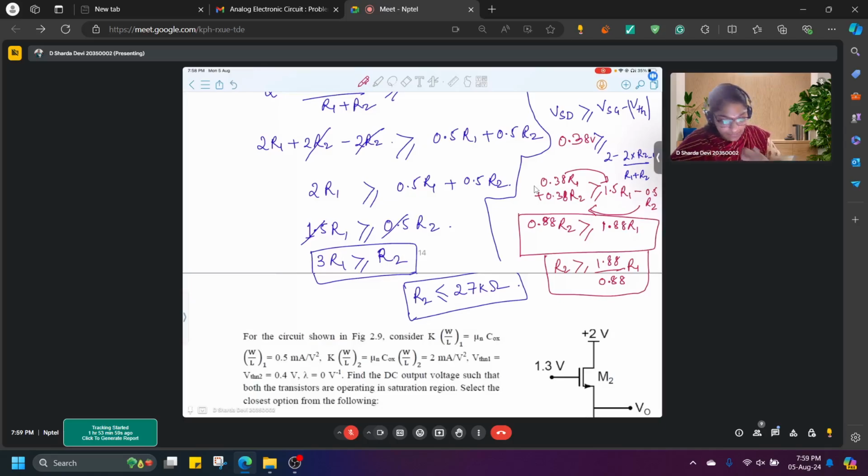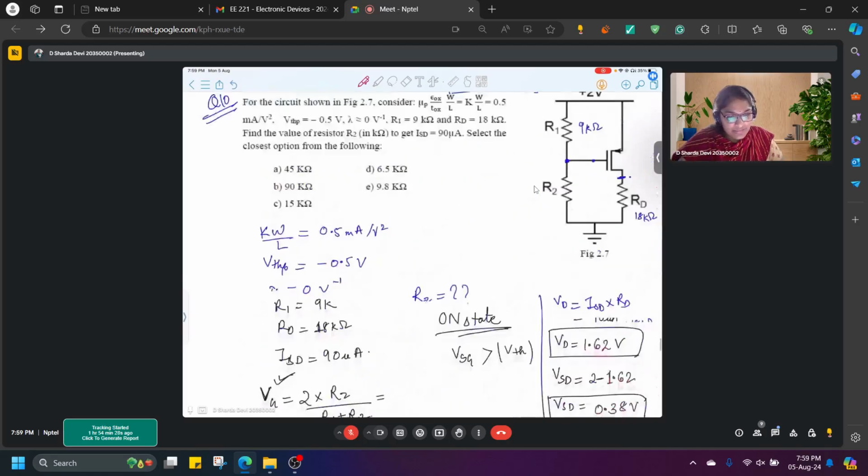It is 2.136. So R2 should be greater than or equal to 2.136 into 9, which is 19.22 kilo ohm. So R2 should be greater than 19 kilo ohm and less than 27 kilo ohm.